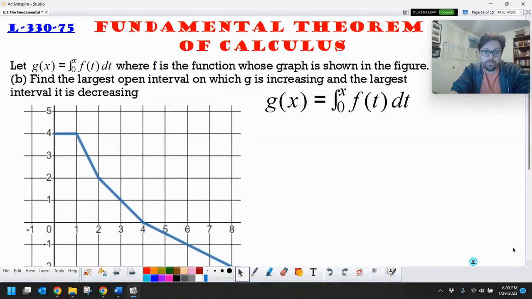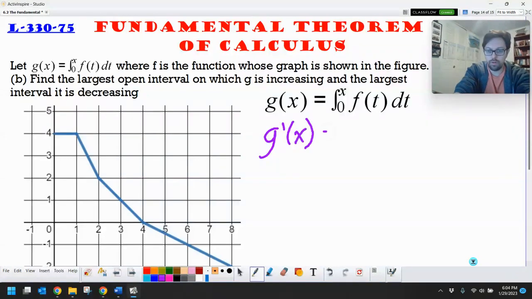In part B, we're looking for open intervals where g is increasing and decreasing. I know increasing and decreasing is talking about the derivative of the function. So I need to figure out what is g prime. Well, that's just going to be the derivative of the antiderivative from 0 to x of f of t dt.